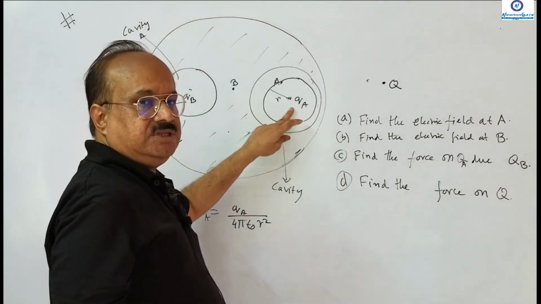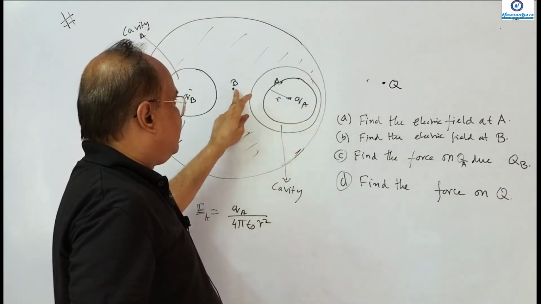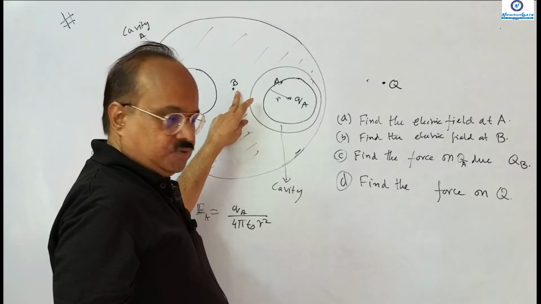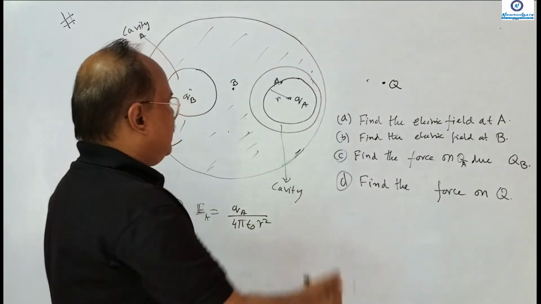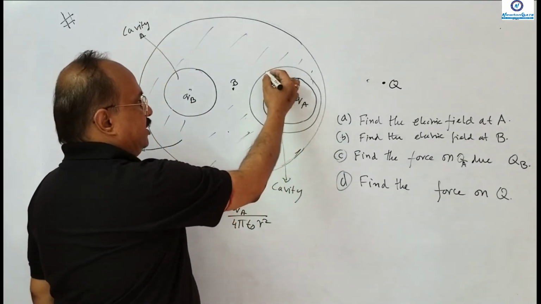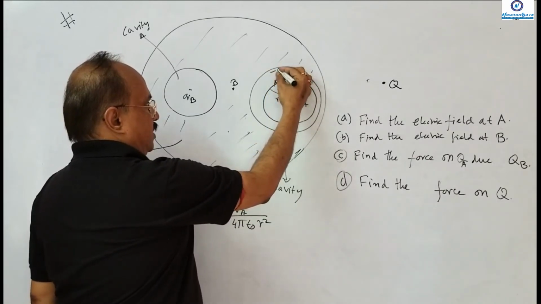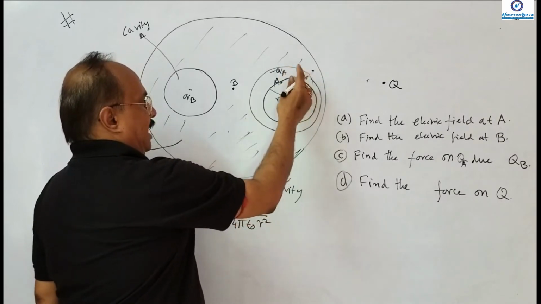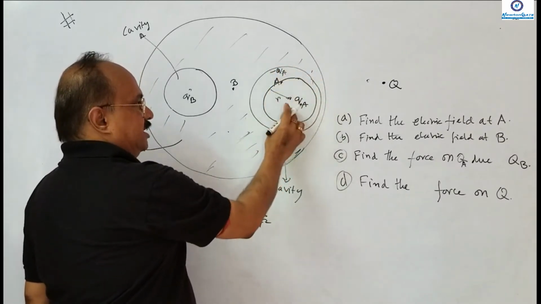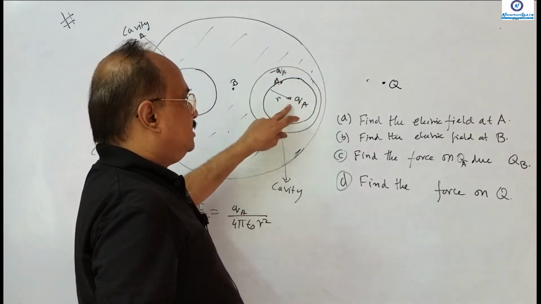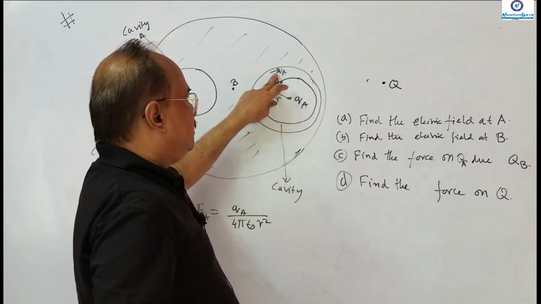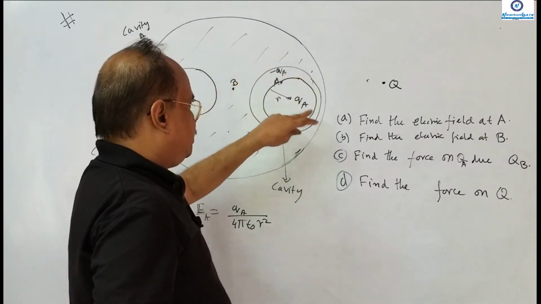Let us consider for this charge whether there can be an electric field here or not. You know that QA will induce a charge minus QA over here. If I spread this minus QA evenly, thinking of QA as the center, so let us think minus QA is spread symmetrically.